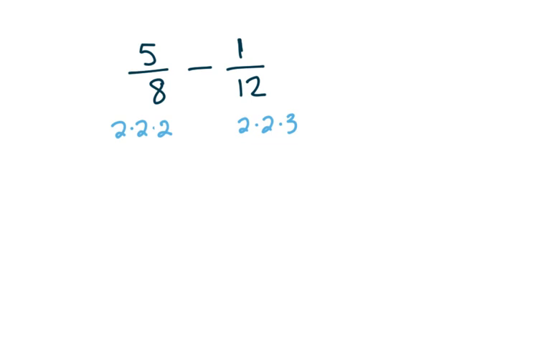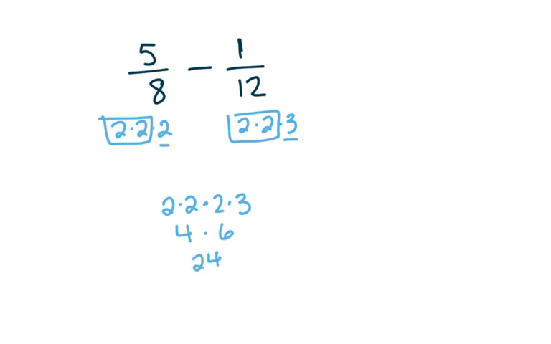So I can see here that this is in common in both fractions, so that means I have 2 times 2. And then to find their least common multiple, I would multiply these down here as well. So this gives me 4 times 6, which gives me 24. So that's another way that we can find the least common multiple and also the common denominator.